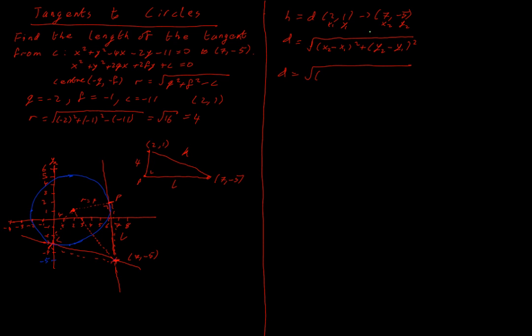Subbing in, 7 minus 2 to be squared plus minus 5 minus 1 to be squared ends up working down to root 61, which doesn't work out particularly nicely, so I just left it as root 61, and that is equal to the hypotenuse of my triangle.